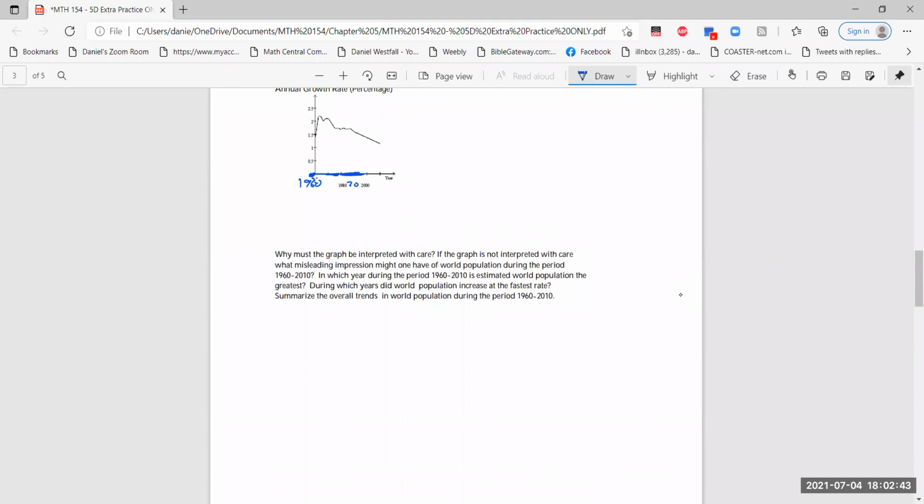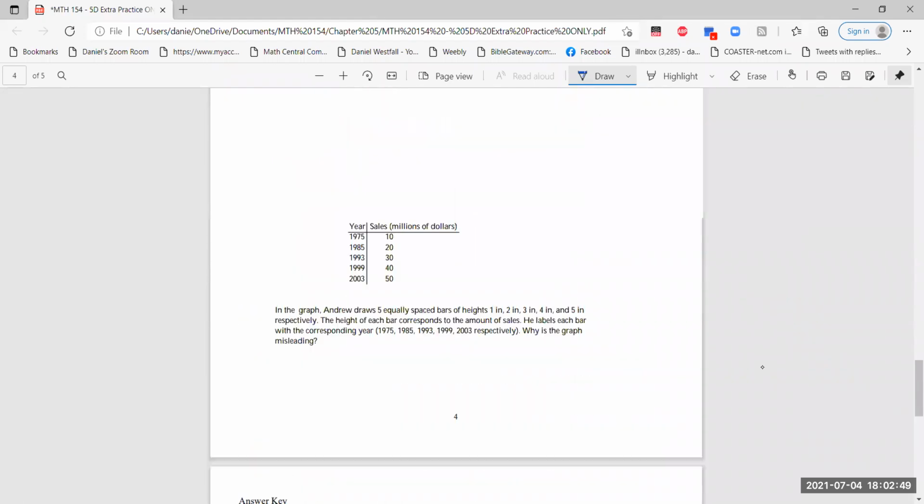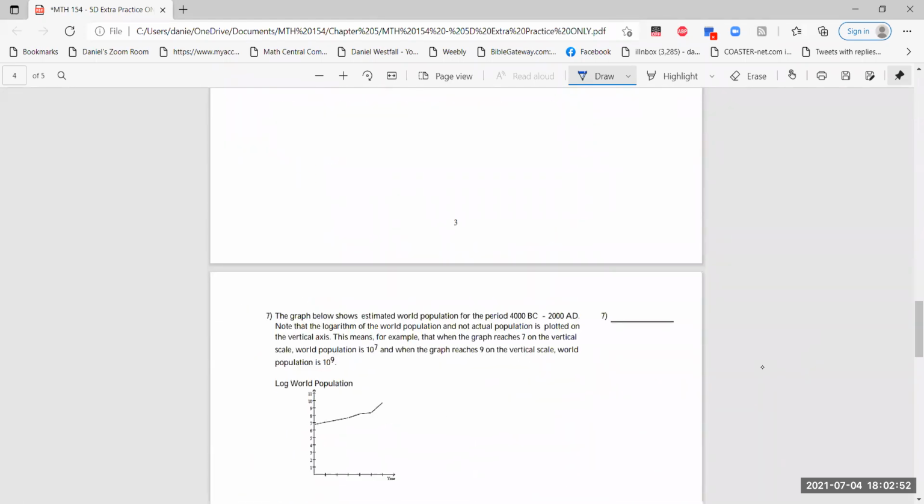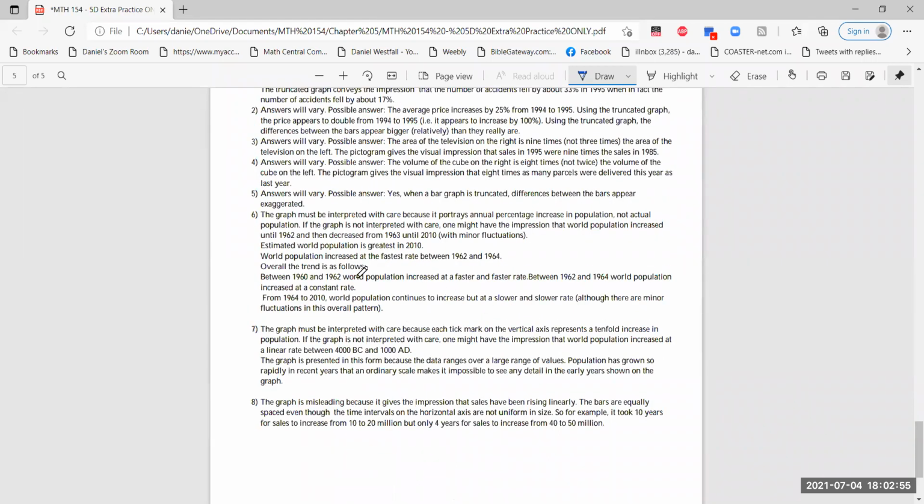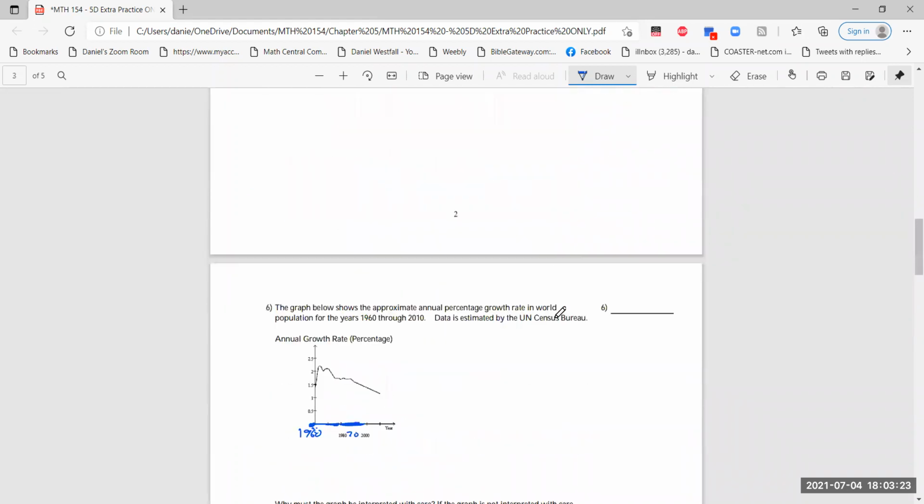So this is still a positive growth rate here. It's just increasing at a slower rate. Let's see if that's what they want you to say. Yeah, it's the annual percentage increase in population, not the actual population. So one might have the impression that the population increased and then decreased with minor fluctuations, but it's actually been a faster rate of increase and then a slower rate of increase. Okay.